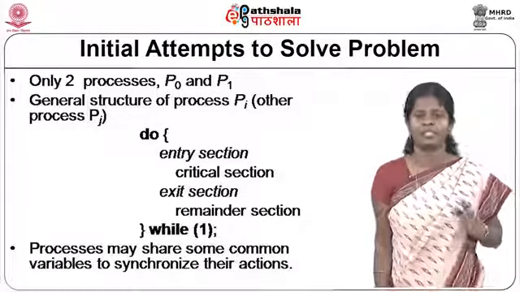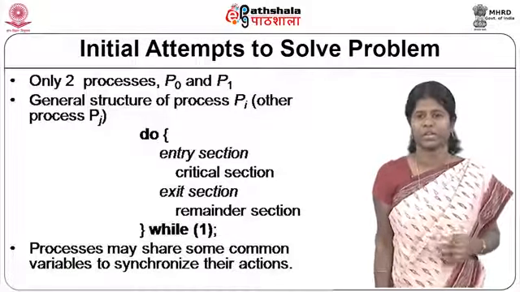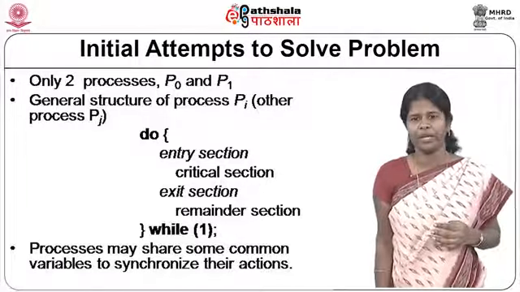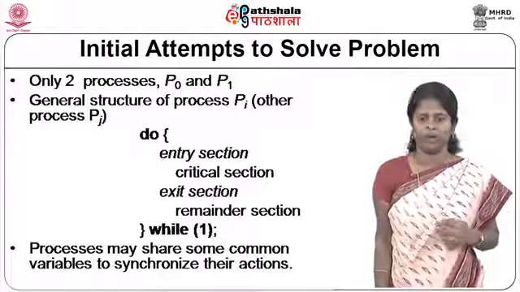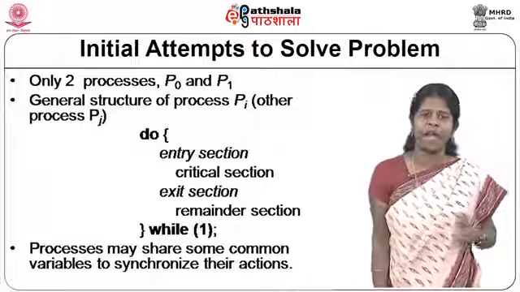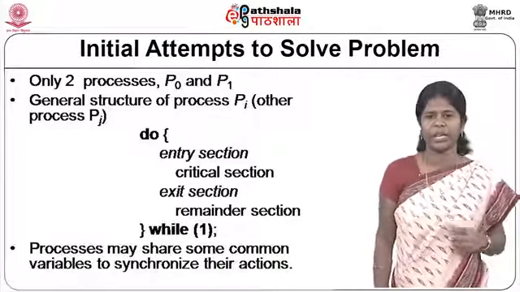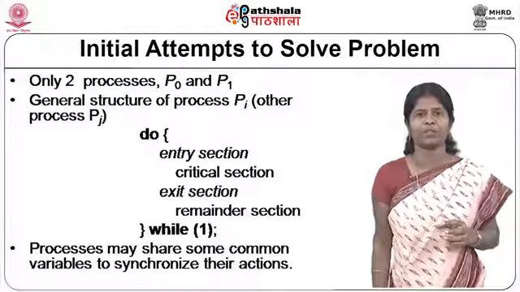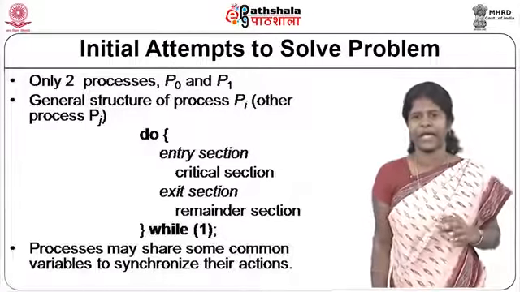So the structure of any process will look something like this, and there can be two processes P0 and P1 with a similar structure, and the processes will share some common variable so that they can synchronize their actions.